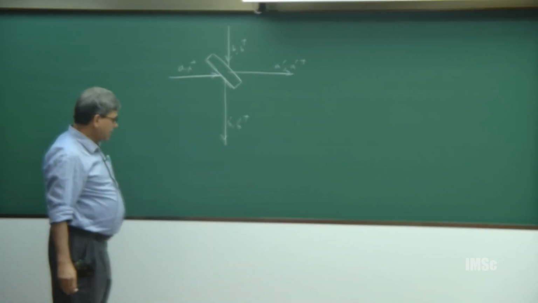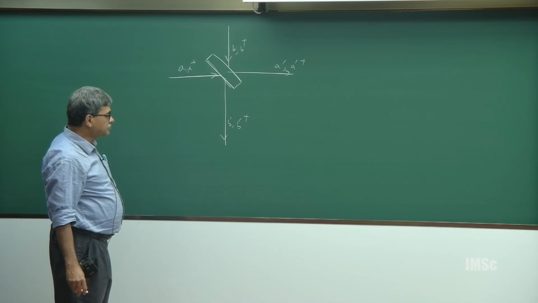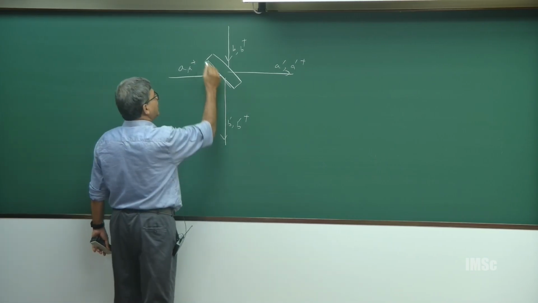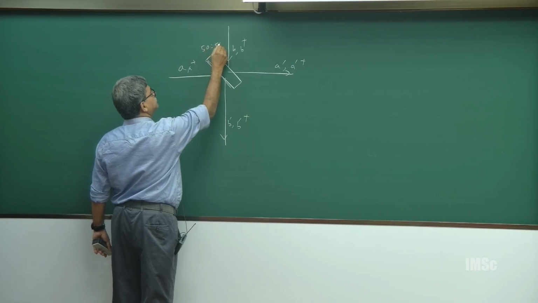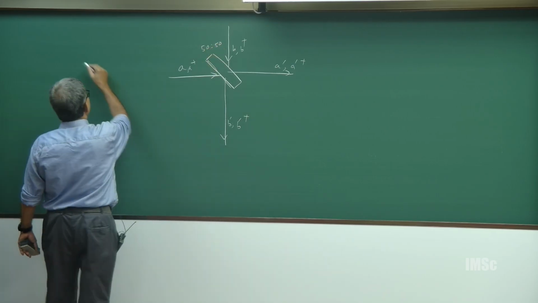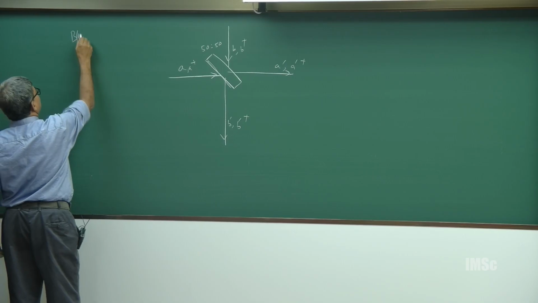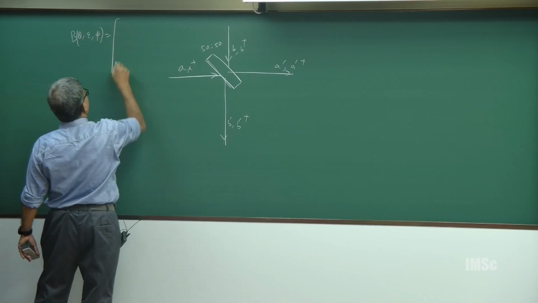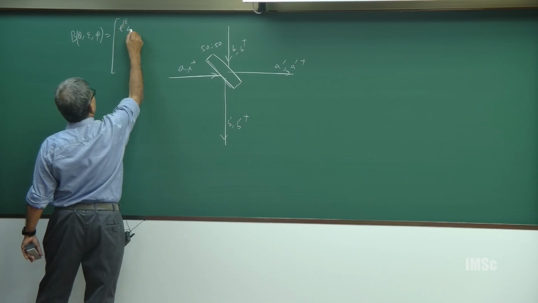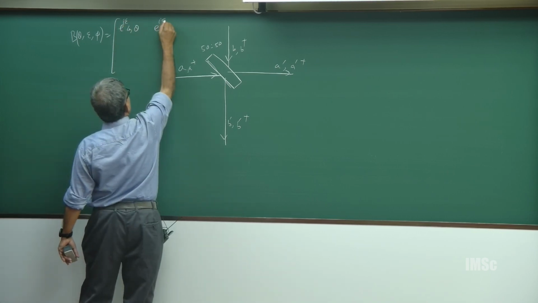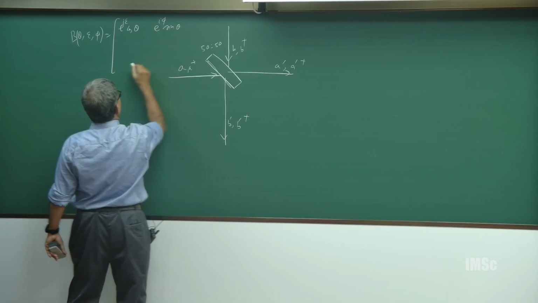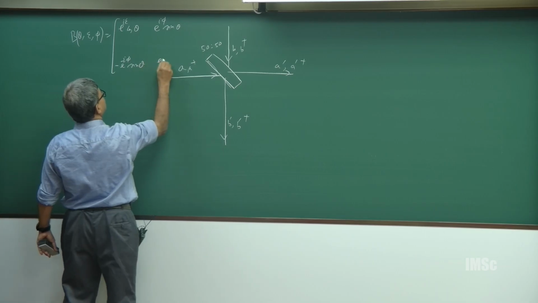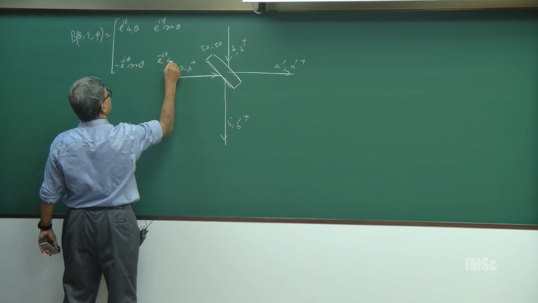And this we have seen that if I take this as a 50-50 beam splitter, which means that this beam splitter matrix, B of theta, epsilon, phi, which is like e to the power i epsilon cosine theta, e to the power i phi sine theta, then minus e to the power minus i phi sine theta, and then e to the power minus i epsilon cosine theta.